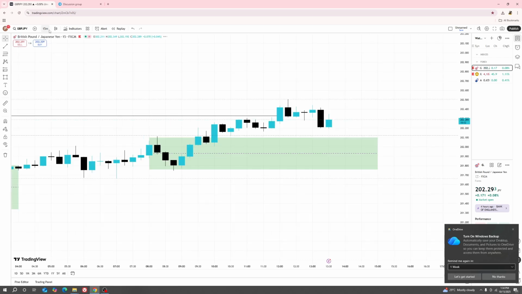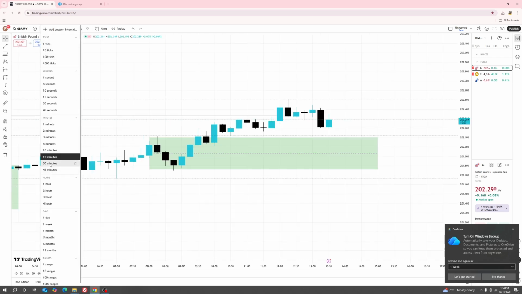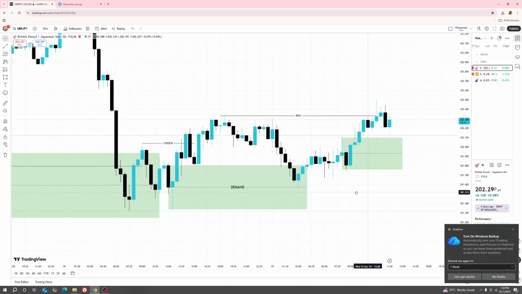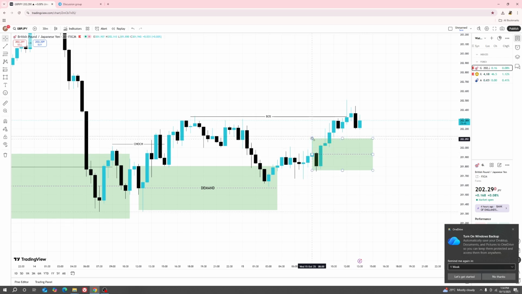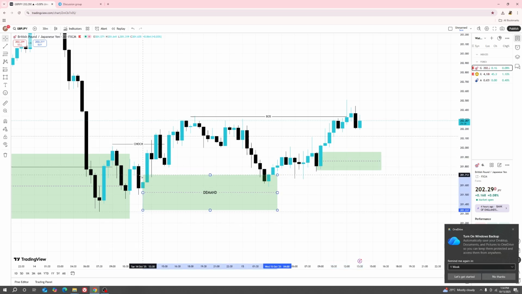let's refine it to the 30 minutes. At the 30 minutes, we can clearly see that this was the demand zone at this level. We can also refine this demand level here, where price tapped and caused the break of structure.